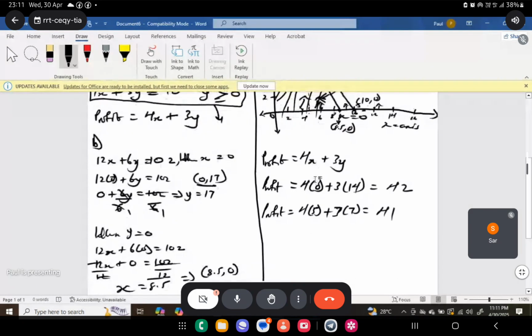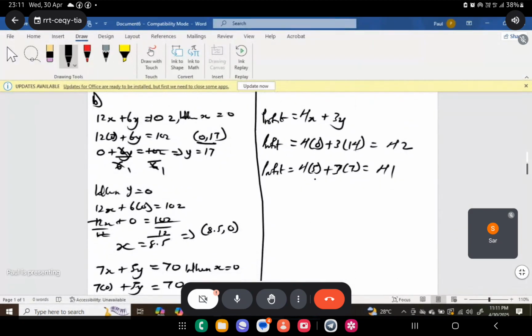Then we do the last one. For that one, the profit, we have 4 times 8.5. That's the x. And the y is 0. So 4 times 8.5 plus 3 times 0. So 34.